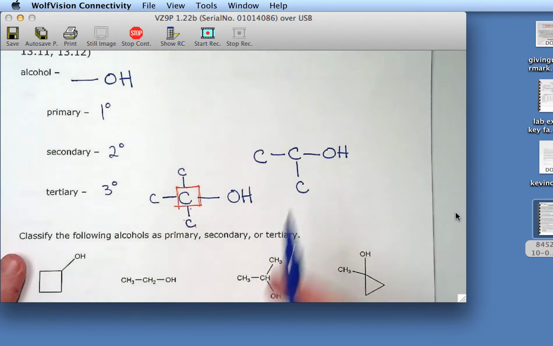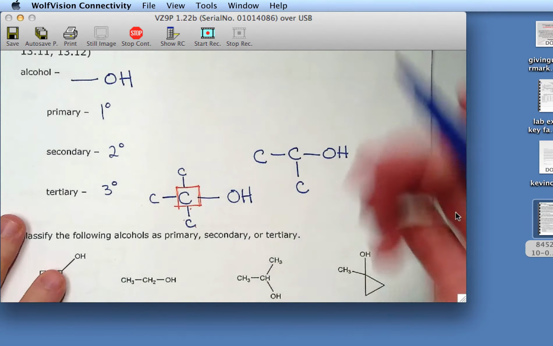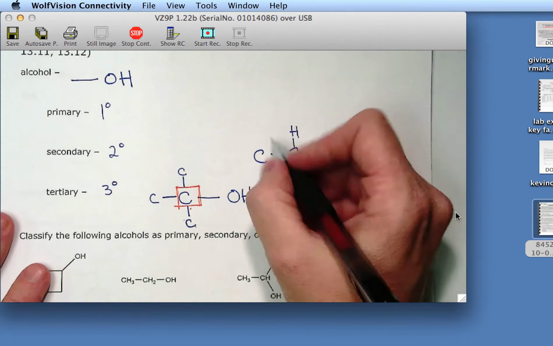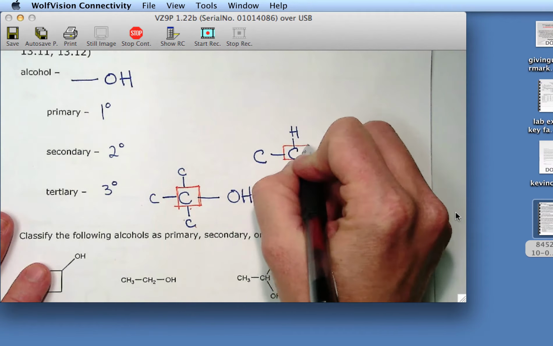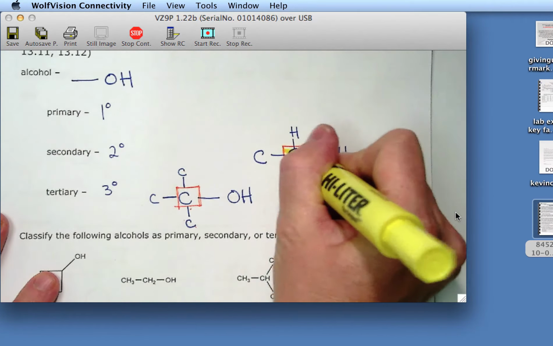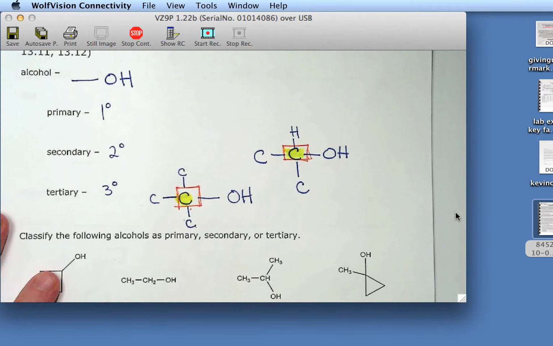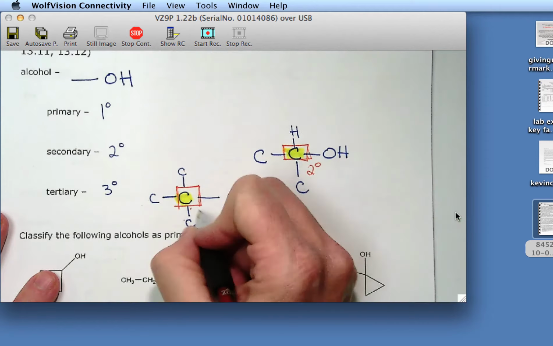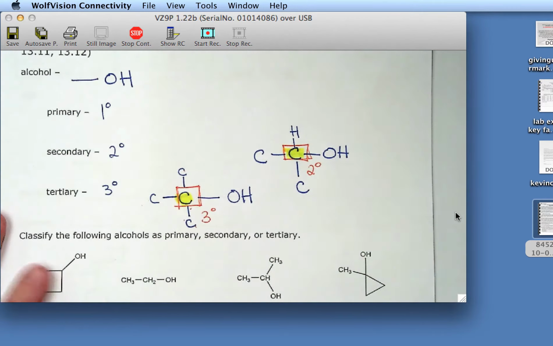You're going to have 2 non-hydrogen bonds in addition to the OH, and then you're going to have 1 hydrogen. And that's secondary. So this is secondary alcohol. This is tertiary alcohol.